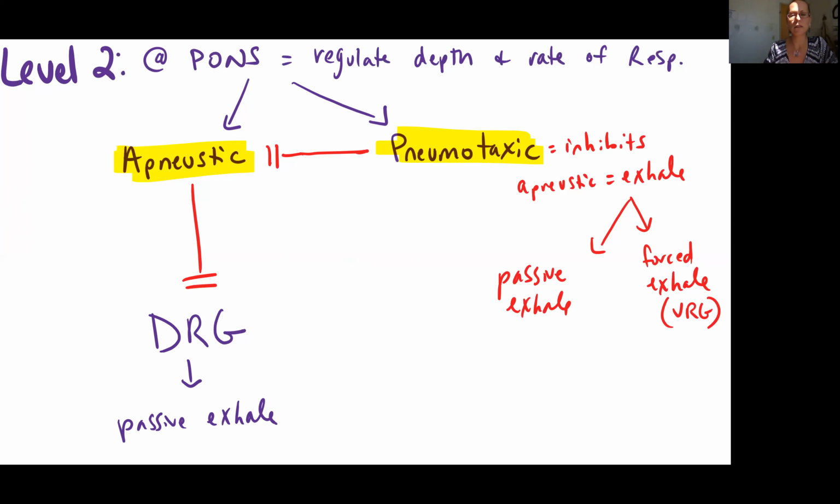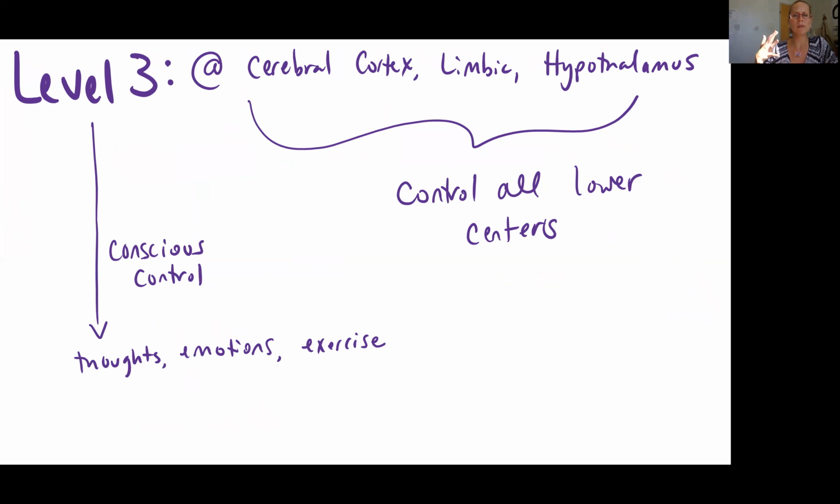The pneumotaxic center is not only involved in our passive exhale, it is also involved in our forced exhale. So we can see the pneumotaxic center also controlling and signaling exhale at the VRG. And then, of course, having the ability to override both levels that we've discussed so far.